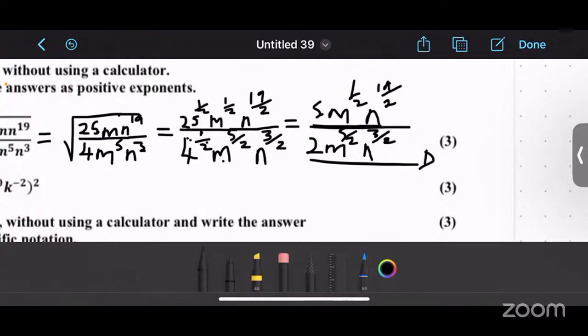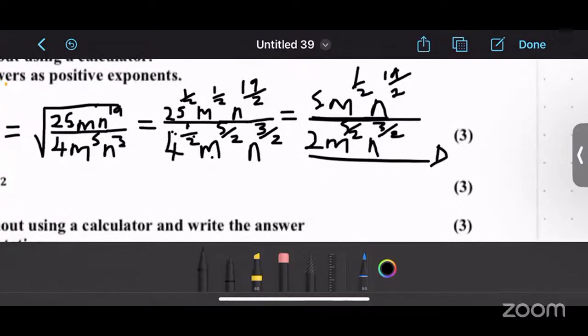Ma'am, I took 75 divided by 12, which gave me 25 over 4. And then I wrote the variables and the exponents.